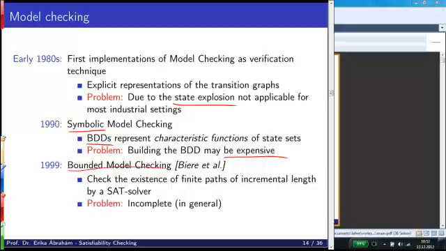And this was the time where the SAT solvers were so fast already and so well developed due to also industrial support.